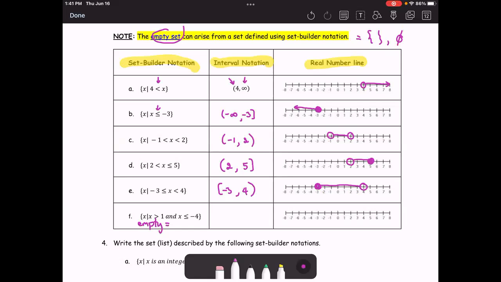For the empty set, we use the notation as the open curly bracket and close curly bracket, or use the null set symbol, which is the 0 with a crossbar over it. That means no interval notation for that and no set on the real number line for this set in part F.